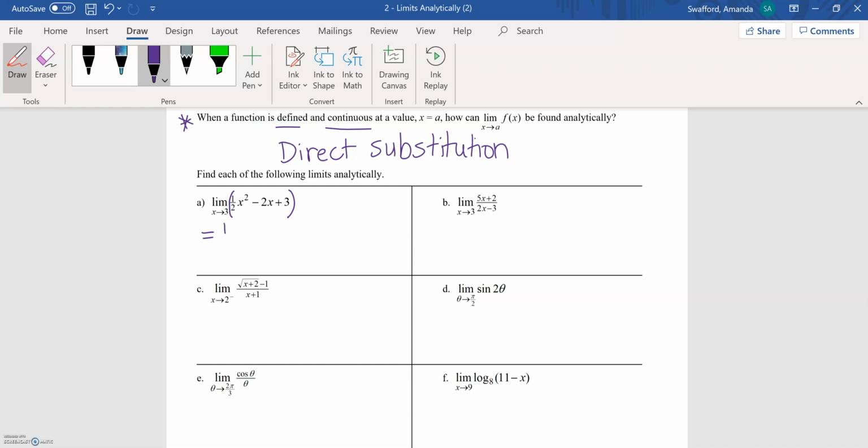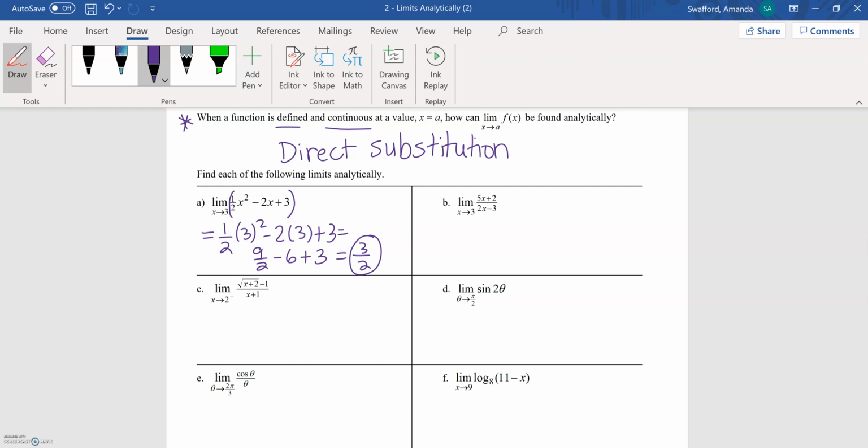So we're just going to plug in 3 for every x, and then do some mental math because you're not using your calculators, and we will have the answer to our limit. So this will be 9 halves minus 6 plus 3, and when you do that math, you should get 3 halves.